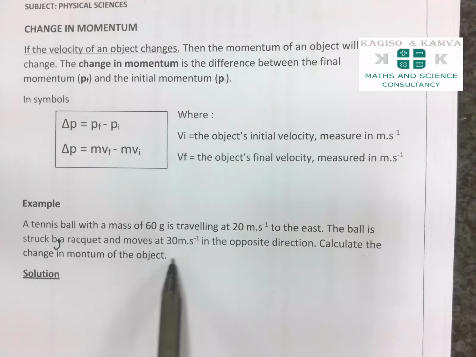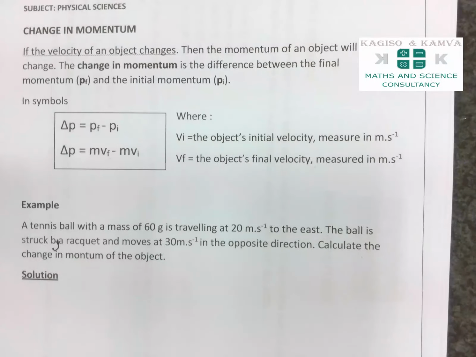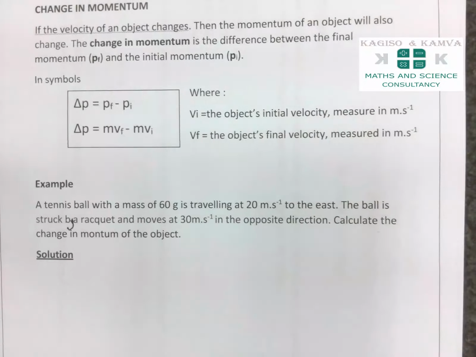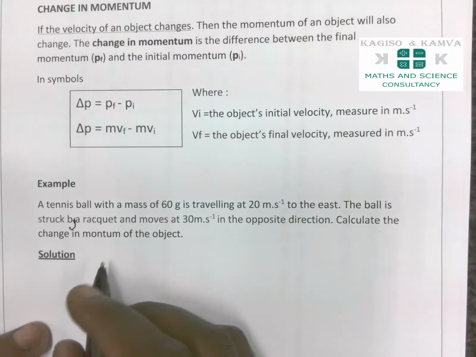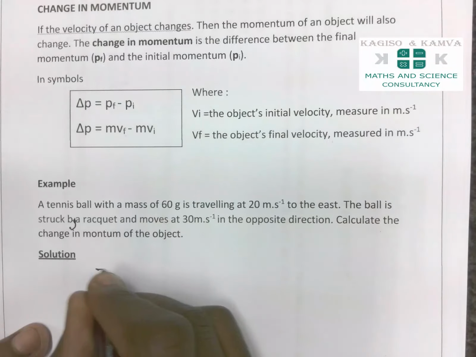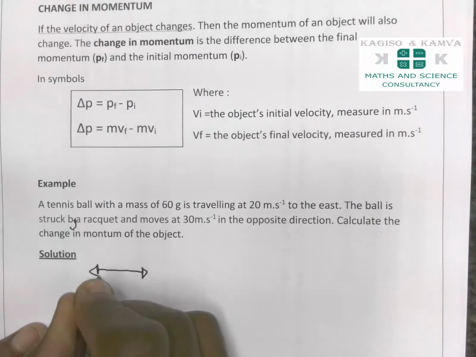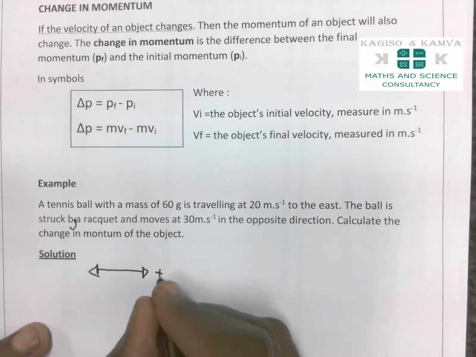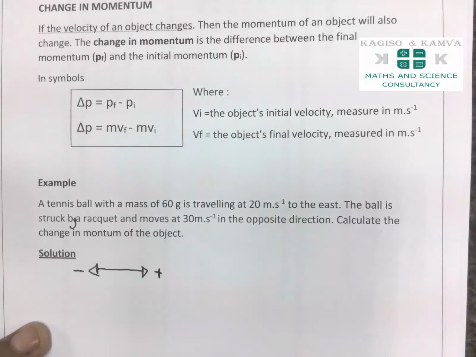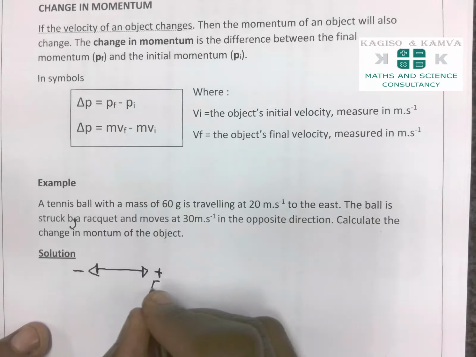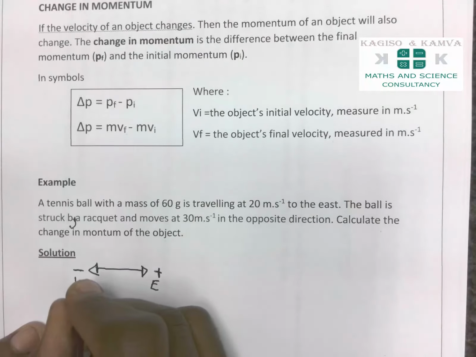Calculate the change in momentum of the object. The first thing we need to do is to indicate the direction. This one is going to be positive, this one negative, so this is my east and this is my west.